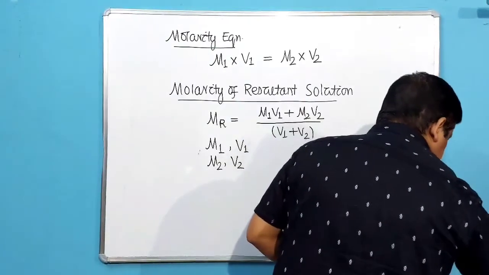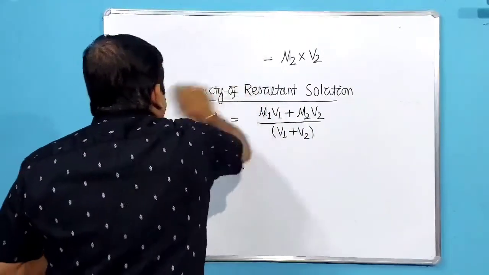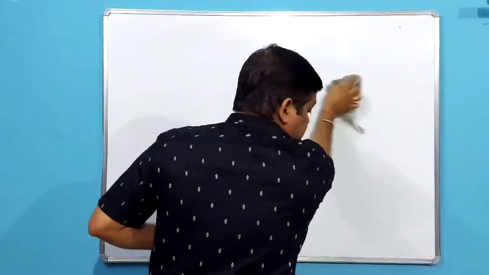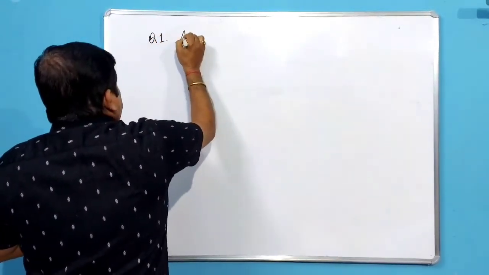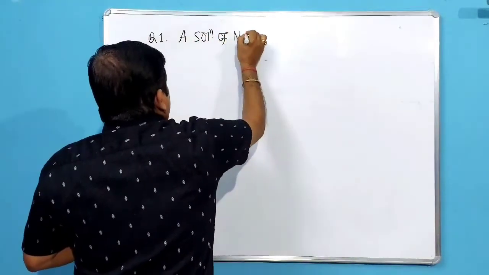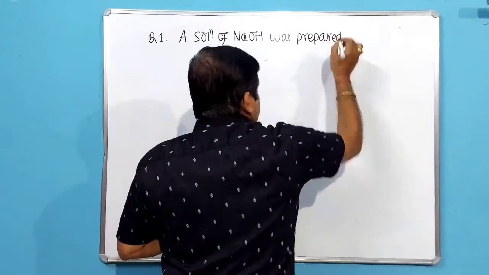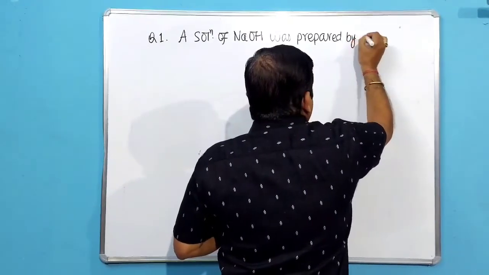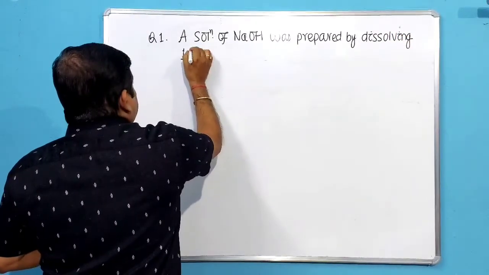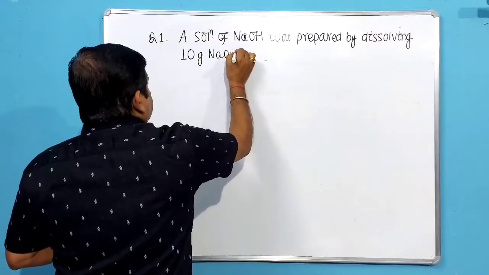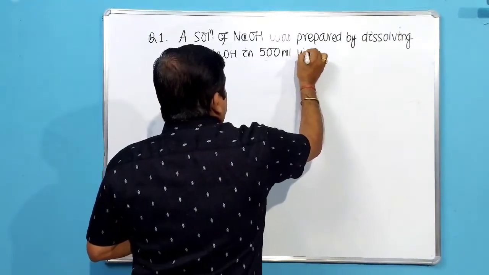Okay. Question 1. A solution of sodium hydroxide, NaOH, was prepared by dissolving 10 gram sodium hydroxide in 500 milliliter water.